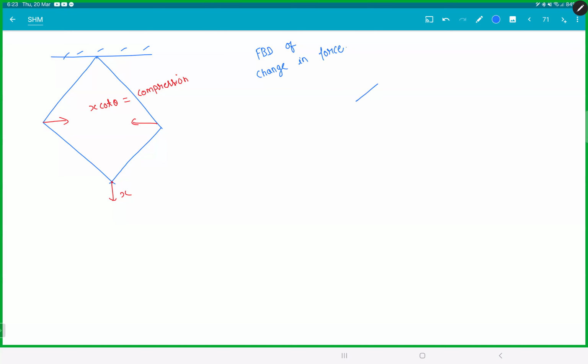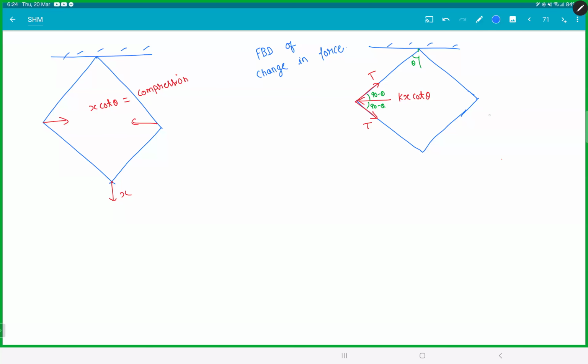So now if you take this rod here, if this is tension, this is tension, the spring will push like this, which is kx cot theta. This is theta, so this is 90 minus theta, 90 minus theta.